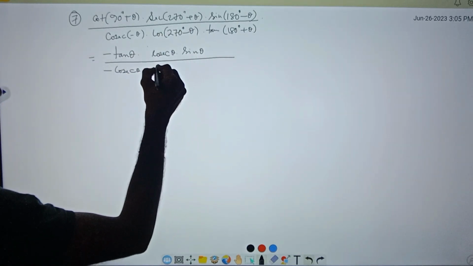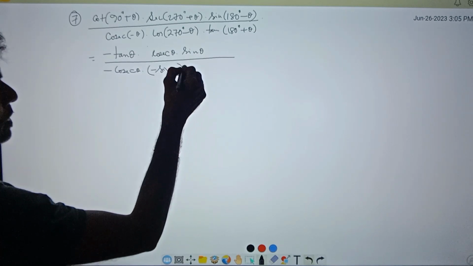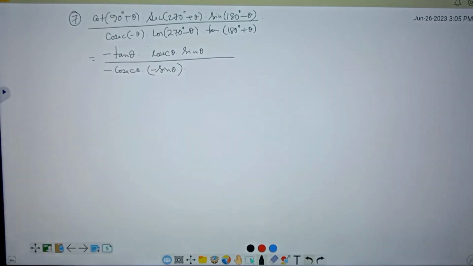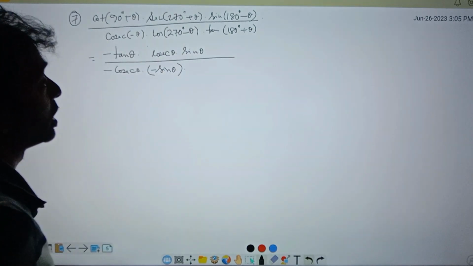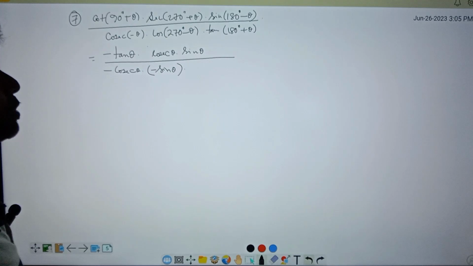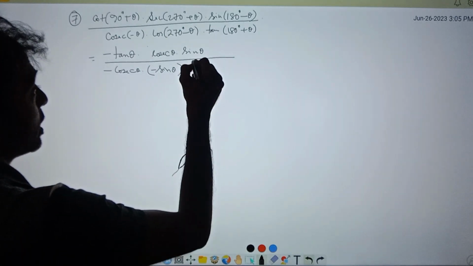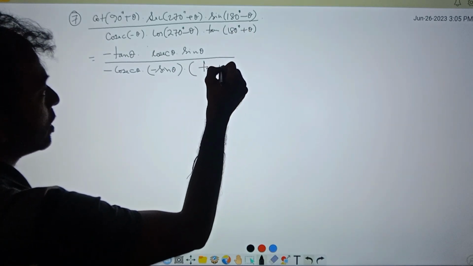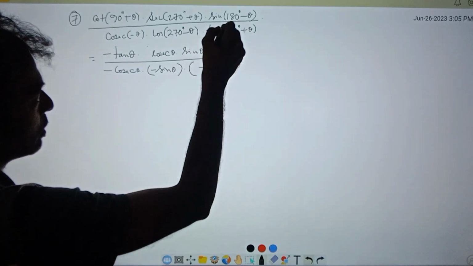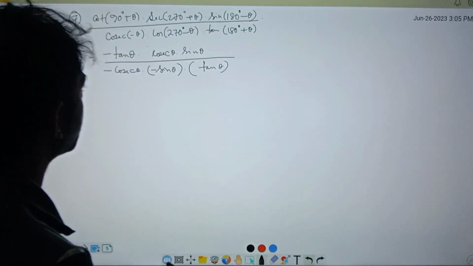Cos 270 minus theta will be sine theta, but a minus will be added before it, because the angle 270 minus theta is in the third quadrant, and in the third quadrant cos is always negative. Similarly, tan 180 plus theta will be tan theta, and it will be positive because 180 plus theta lies in the third quadrant, and in the third quadrant tan is always positive.